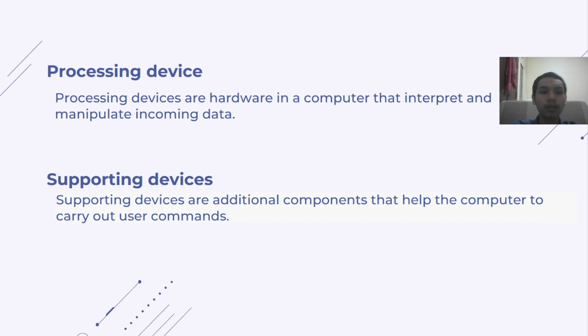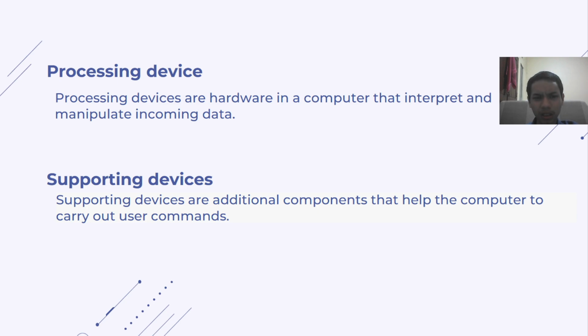The next, processing device. Processing devices are hardware in a computer that interpret and manipulate incoming data. Devices including processing devices regulate the storage and reading of information.